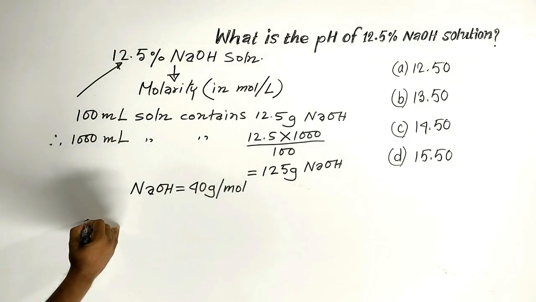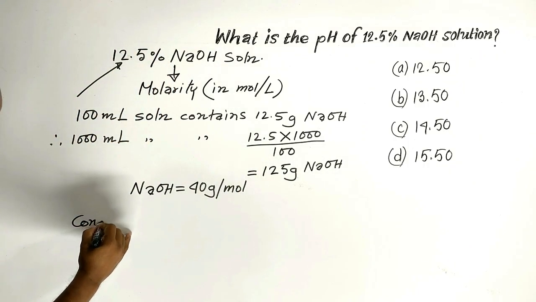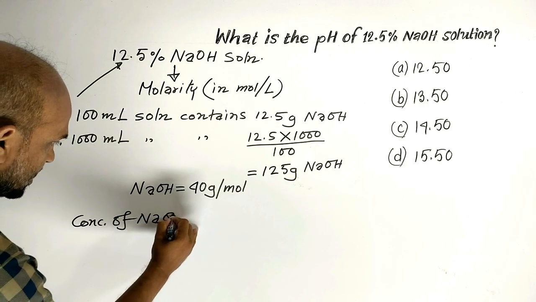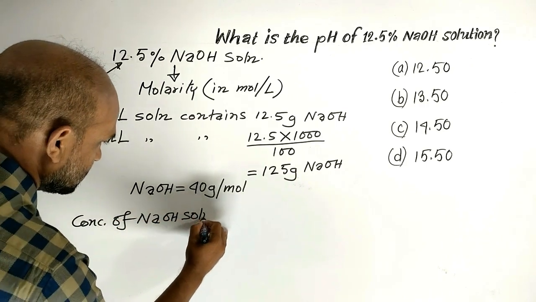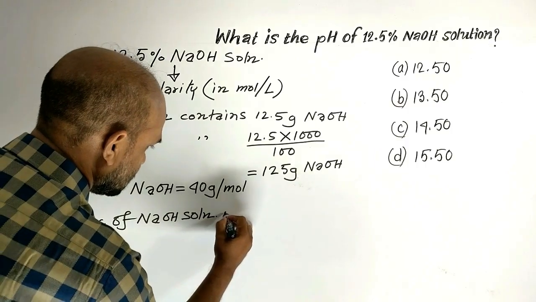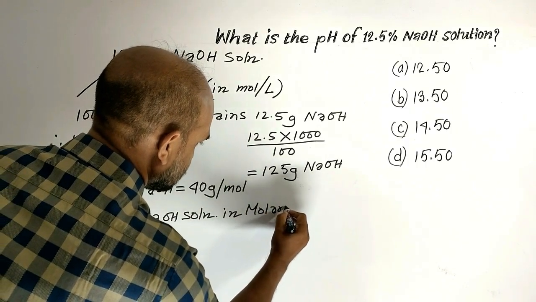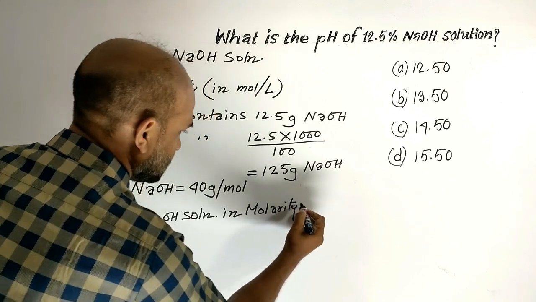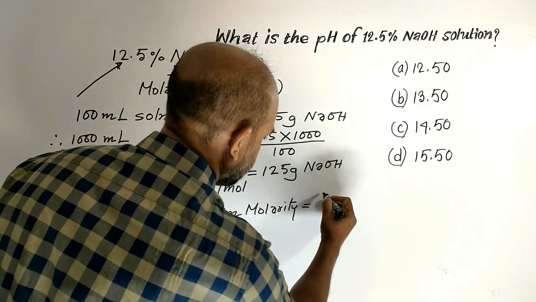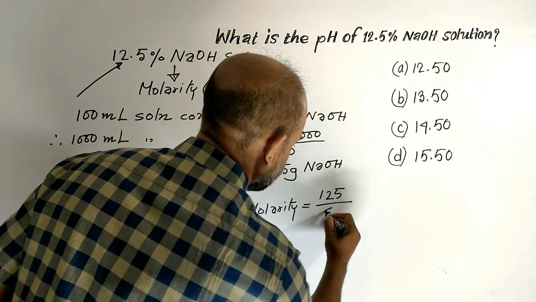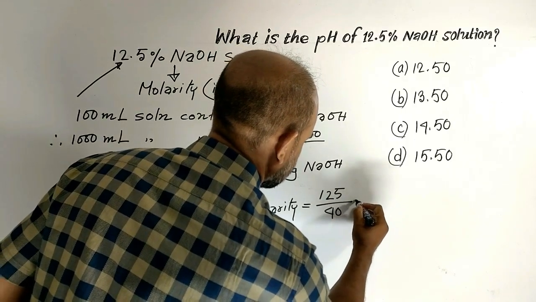Then concentration of sodium hydroxide solution in molarity. It will be 125 divided by 40.